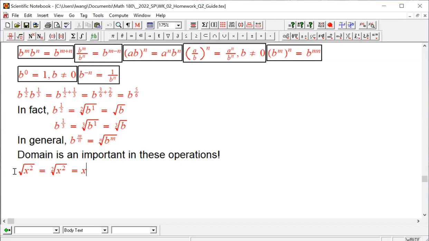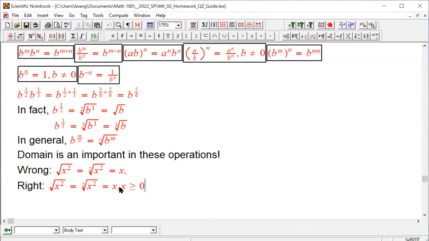If you have learned it this way from your previous teachers, your previous teacher might have mentioned a specific condition. So this is wrong. But could this be right sometimes? Yes. It would be right if your previous teacher mentioned that x has to be greater than or equal to 0.